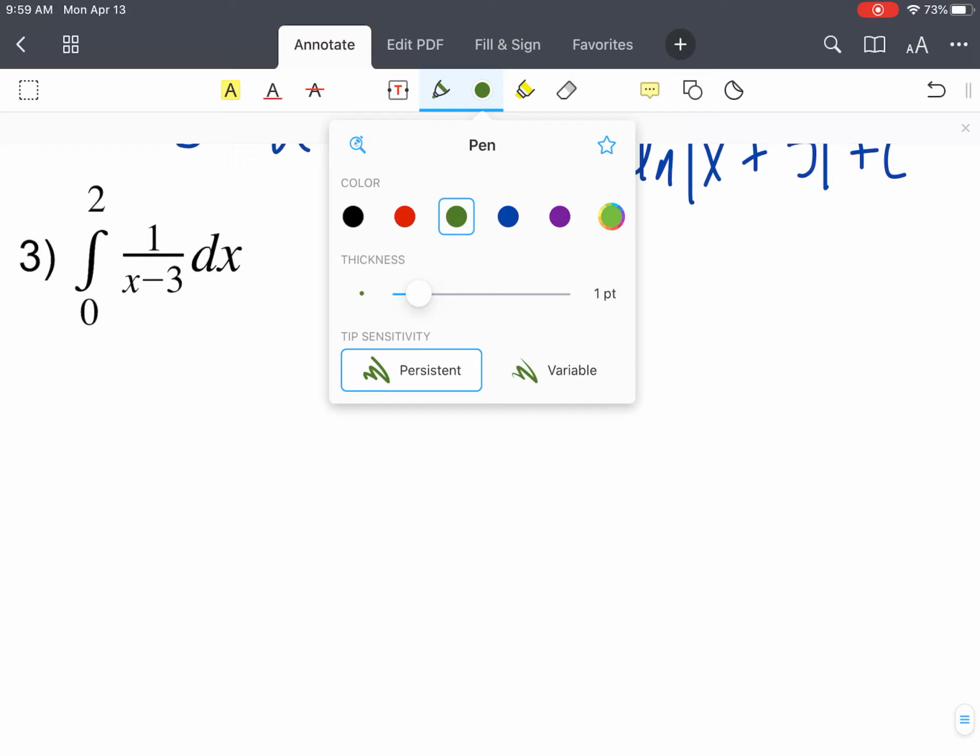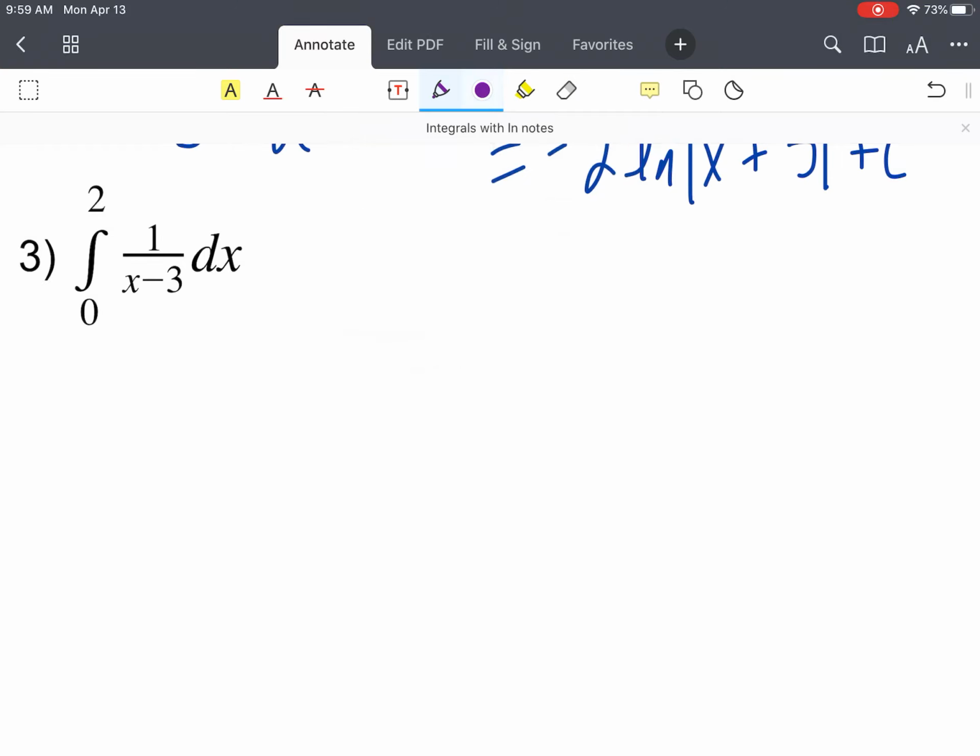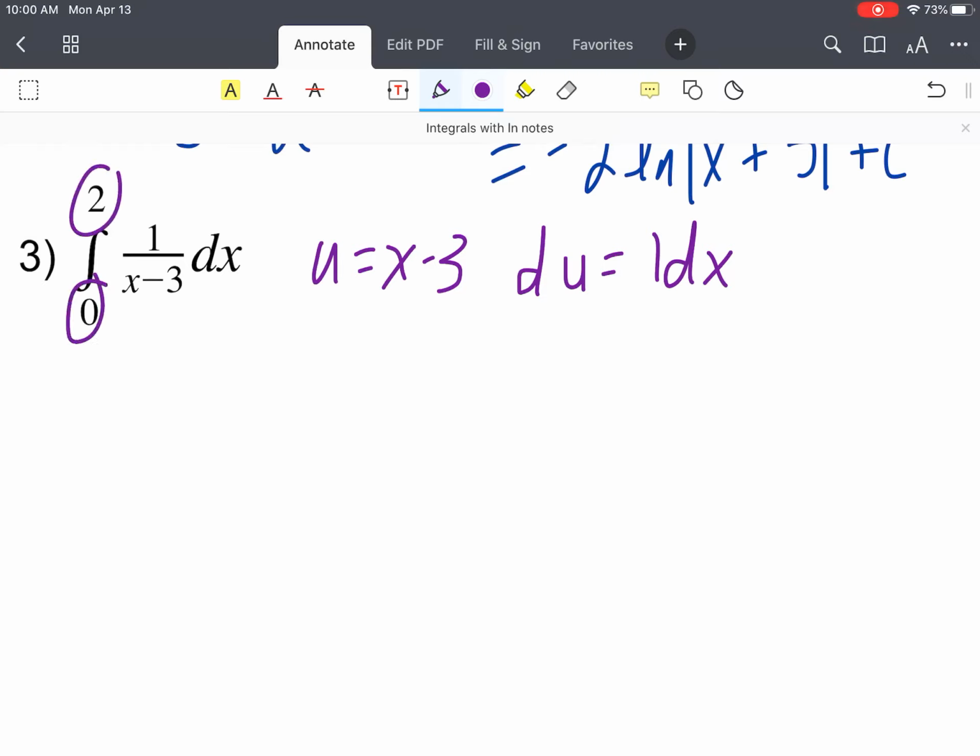Okay? Last one. So we're going to let u be the bottom, so u equals x minus 3, which means that du is equal to 1 dx. Oh, this was nice because du is already written for us. Okay, we've already got our du there.